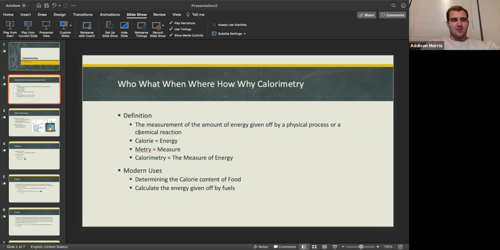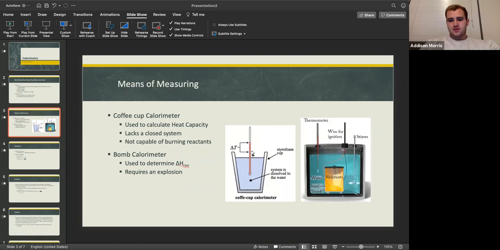Just a reminder, calorimetry is the measure of energy given off from reactions. Very basic definition. There are 2 types. One, the coffee cup, which is used to determine the heat capacity. And then the bomb calorimeter, which is used to determine delta H, or how much heat is given off. Also the heat capacity of the calorimeter can be determined through that, as well as delta H if we know the other variables.